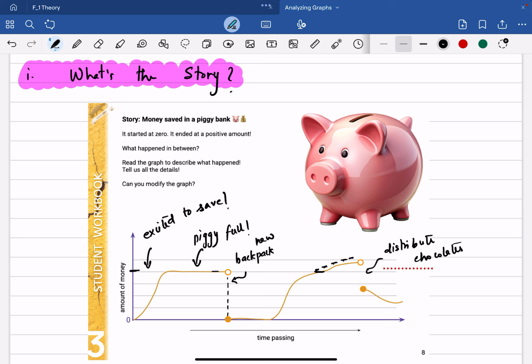So I still have some money left. And maybe I spend it gradually. So there's a small decrease, but no sudden decrease. Okay. So you can play around with this activity and you can try to hear the students out and try to get them to come up with different scenarios rather than just stick to one specific story.